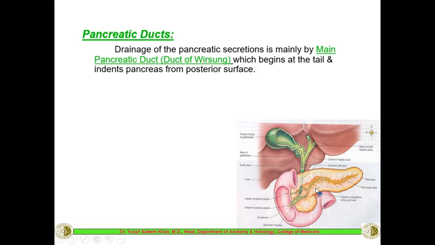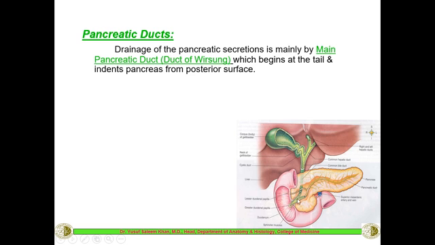This is the main pancreatic duct, which begins at the tail of the pancreas and goes all the way through the body, and it indents the pancreas from the posterior surface. As I said, it is more prominently seen from behind, and it indents the whole of the body of the pancreas, then descends onwards, and it opens into the second part of the duodenum through a papilla called the major duodenal papilla.